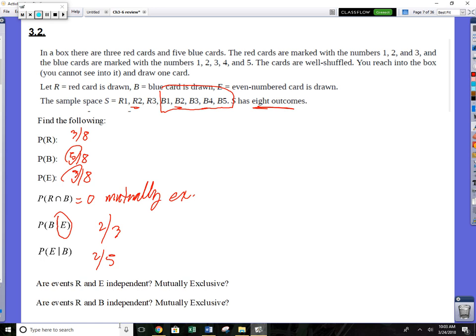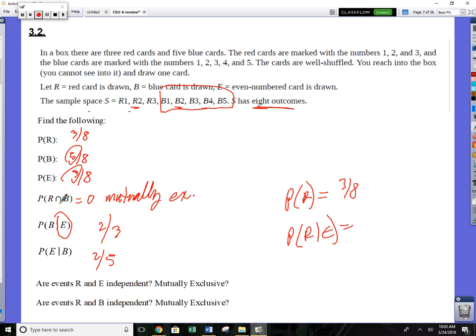Now, are these independent? Let's check real quick. So we're going R and E. The chances of R is 3 out of 8. Let's do the chances of R given that it's even. If it's 3 out of 8, we're in business. If it's not, no. Chances of R given that it's even.